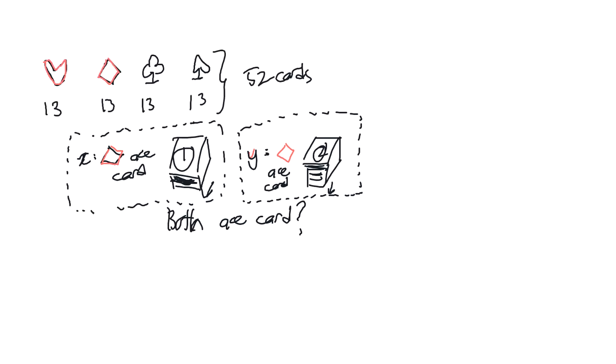So from both set, you take one card from both set, and you get both diamond ace cards. So what is the probability?